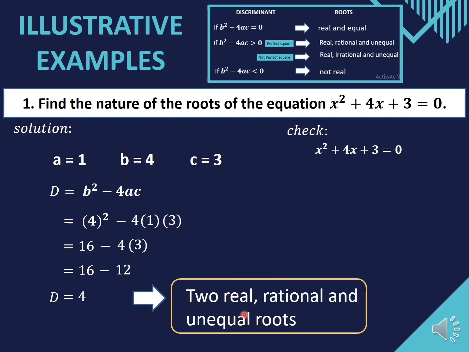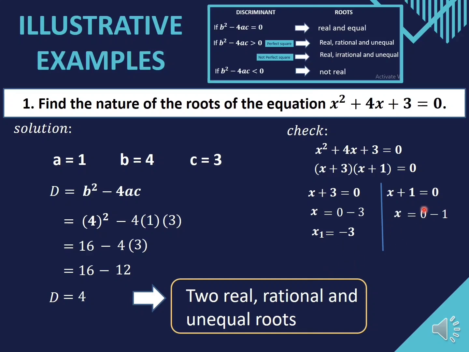Okay, let us check. Now, in the given x squared plus 4x plus 3, let us find the roots using factoring. We can factor it as x plus 3 times x plus 1 equals 0. So, the first equation will be x plus 3 is equal to 0. x plus 1 equals 0 is the other one. So, x is equal to 0 minus 3. x sub 1 is negative 3.